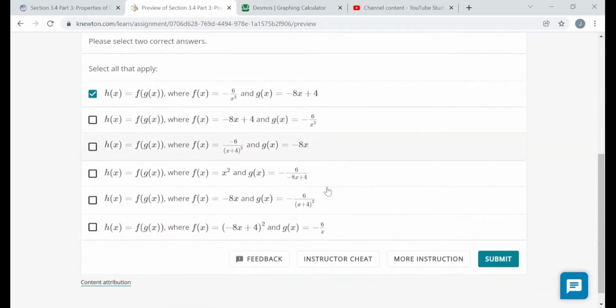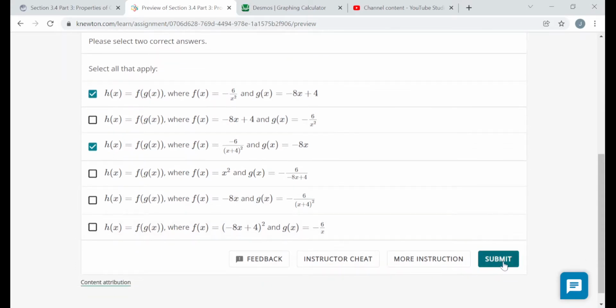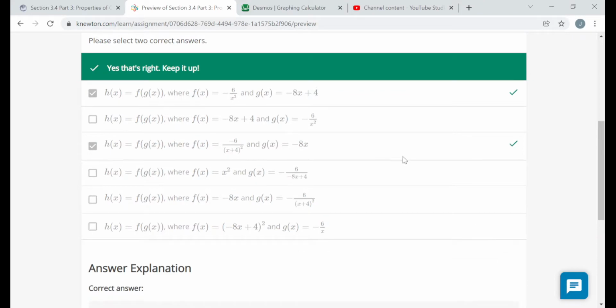Again, it's something you just have to practice and see. You can write these out if you wish. This one works. If I replace the x here with negative 8x, it looks exactly the same as h. So this one works. This one, no. This one, nope. Nope. So just those two options. Go through and practice composing all of them. Make sure they look the same as h.